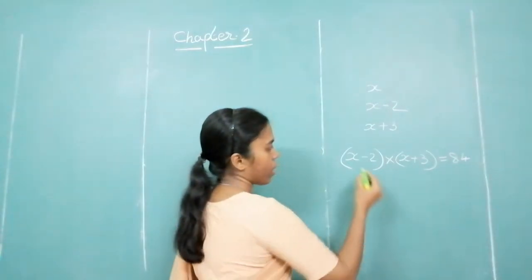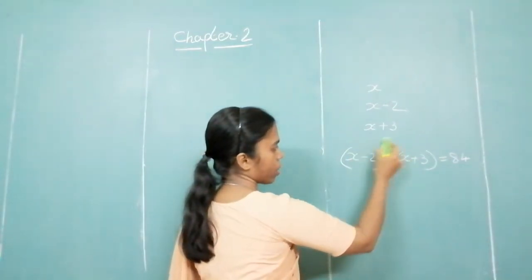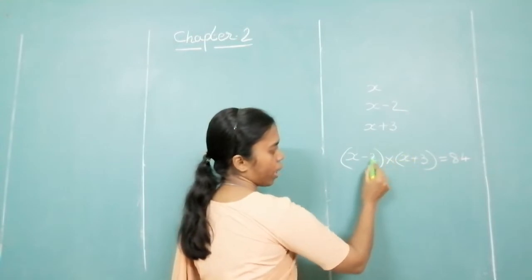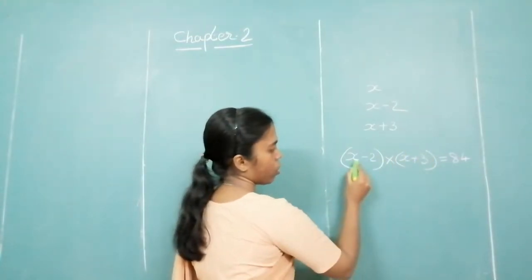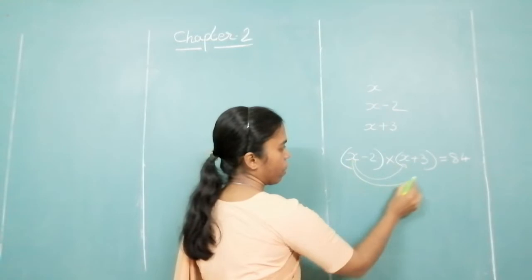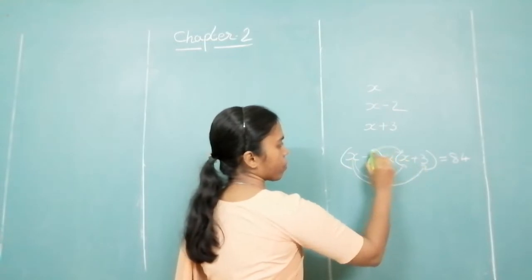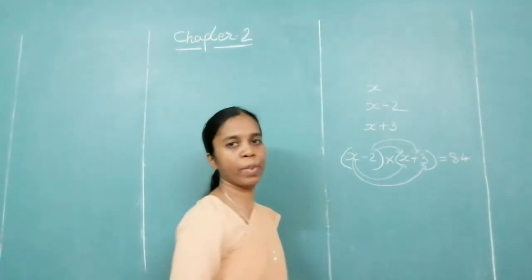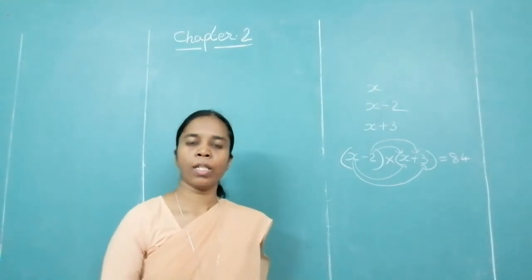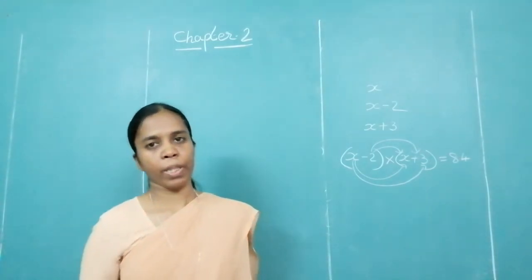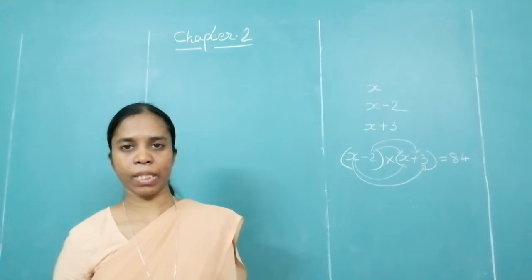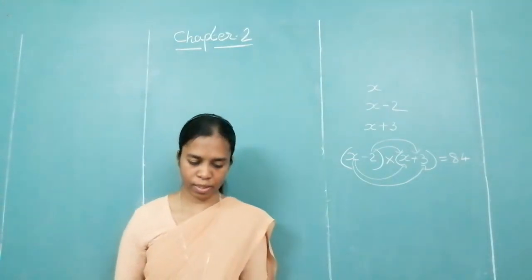How do you open the bracket? Multiply x into x, x into 3, 2 into x, 2 into 3. Okay, this is how you open the bracket. And you will be getting a quadratic equation. Solve the equation either by formula method or by factorization method. Get the value of x.